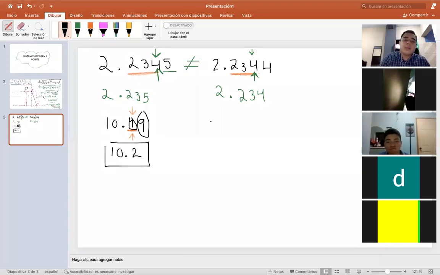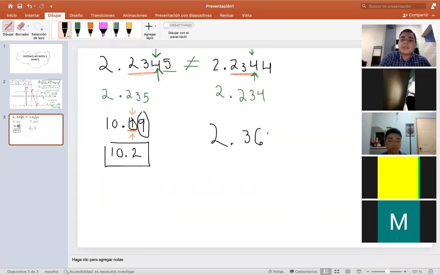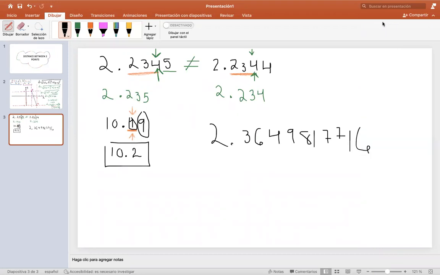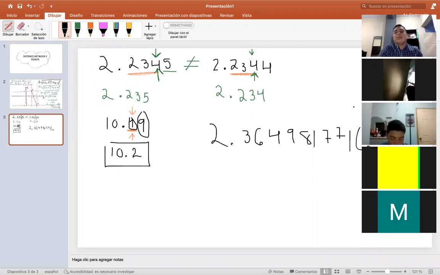For example, if your calculator gives you 2.36498177 and more numbers, and I tell you in the instructions to give me 4 decimal numbers, you are going to write in the answer 2.3649. You don't have to care about rounding the answer.